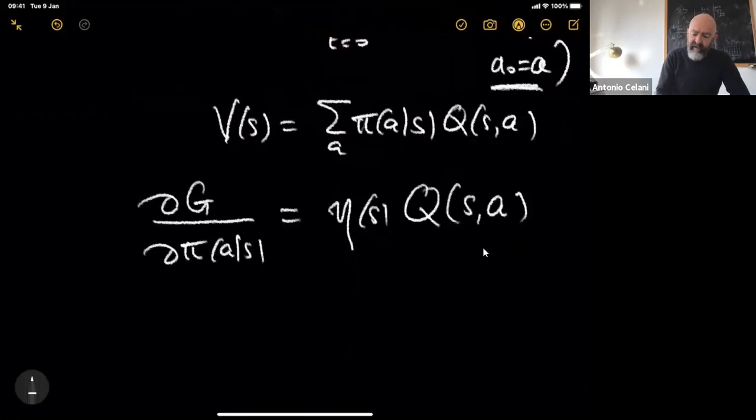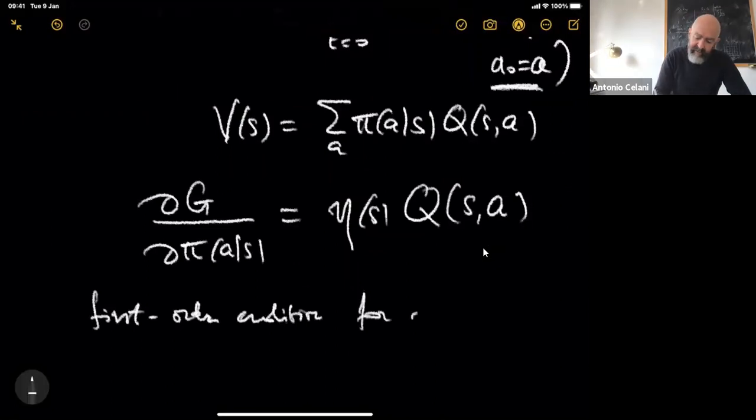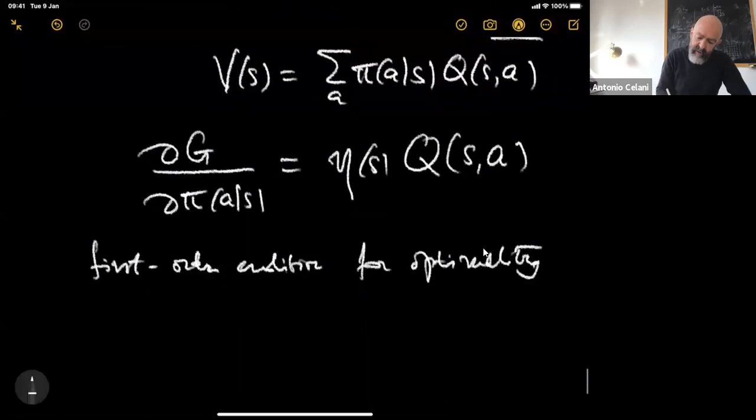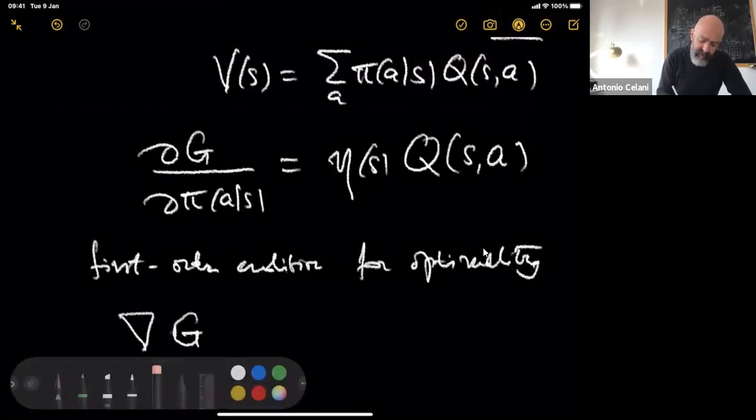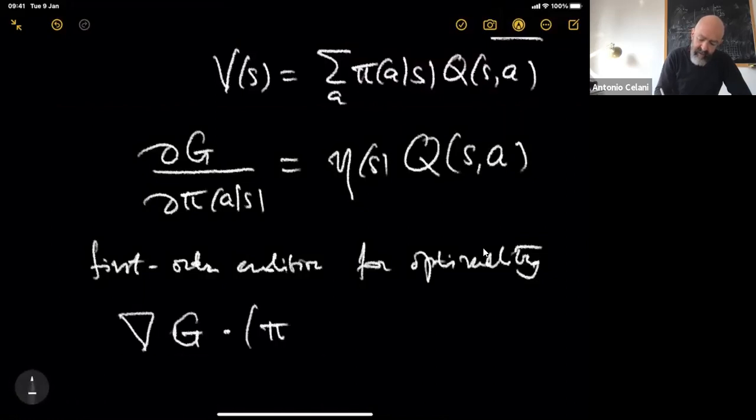And then, given the very simple expression that we get here, remember that the first order condition for optimality is that the gradient taken as a vector of G, so there's no dot here, times pi star taken at optimality times pi star minus pi must be greater or equal than 0.